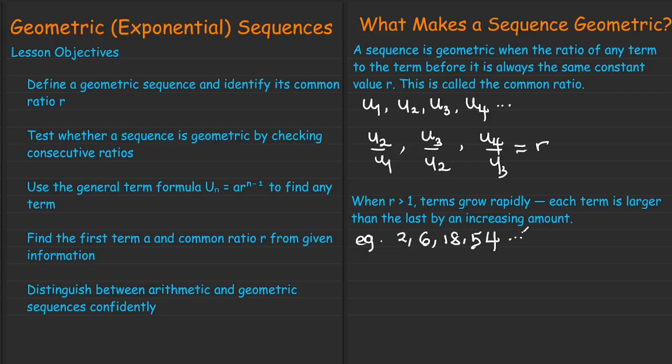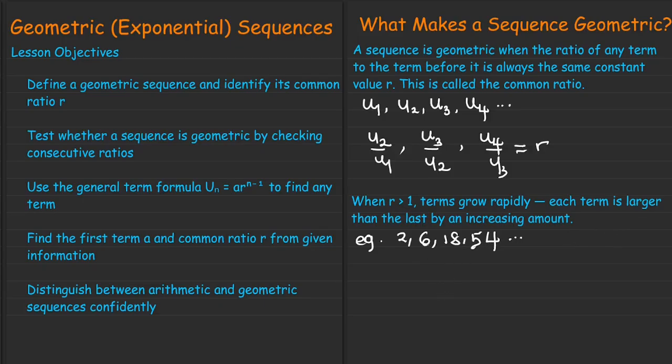R is 6 divided by 2, that is 3. It is the same as 18 divided by 6, which is also 3, and 54 divided by 18, which is also 3. So in this case, where R is equal to 3, which is greater than 1, we see that the sequence is growing rapidly.